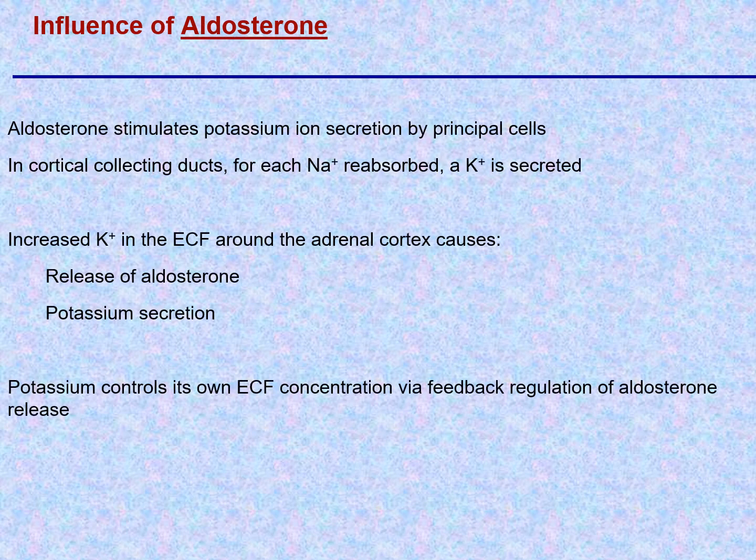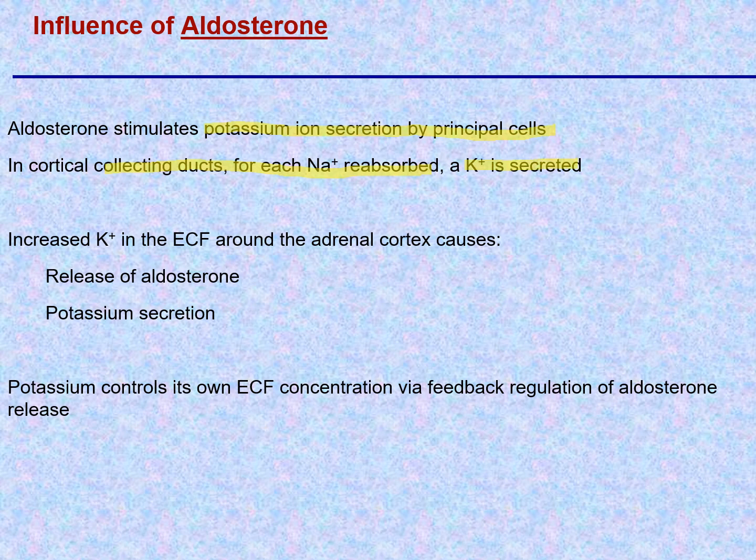Aldosterone also has, this is a repeat of what I said before, an effect on potassium. It will stimulate potassium ion secretion by those cells that line the collecting ducts. And in fact, for every sodium that is reabsorbed, a potassium ion is secreted.